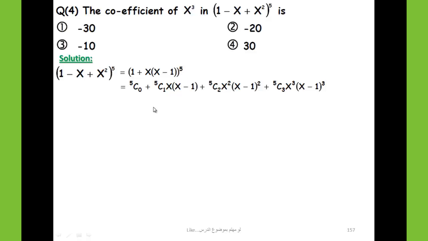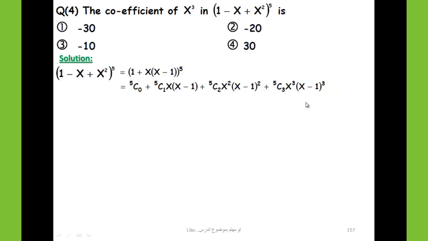So the expansion is 5c0 plus 5c1 x(x minus 1) power 1, plus 5c2 x squared (x minus 1) all squared, plus 5c3 x power 3 (x minus 1) all power 3.